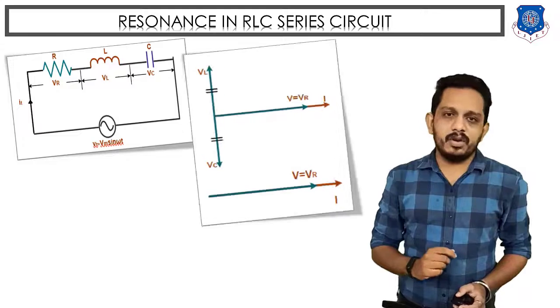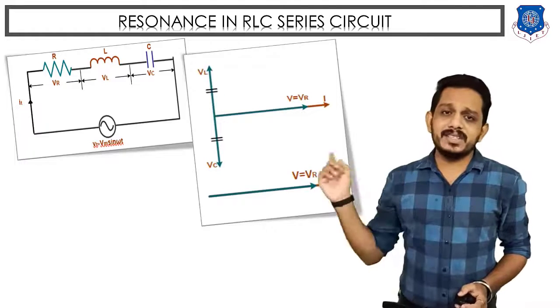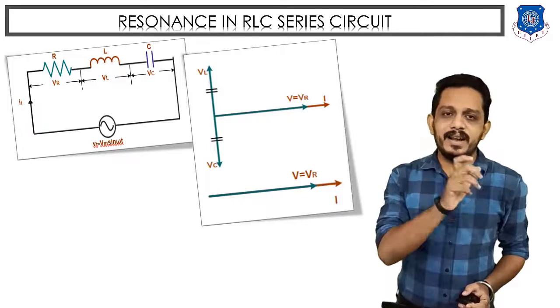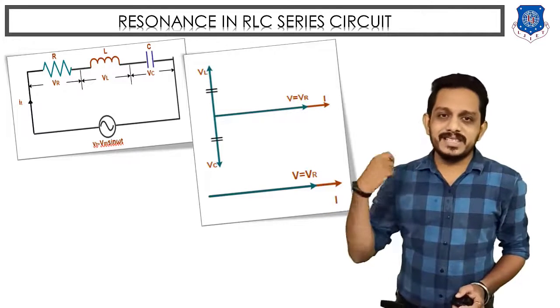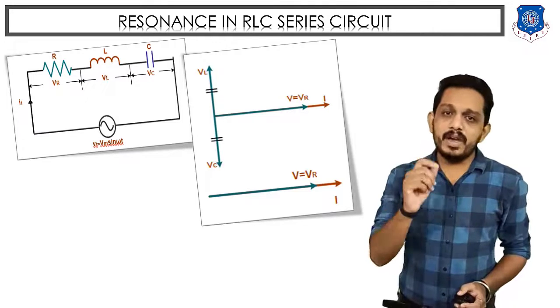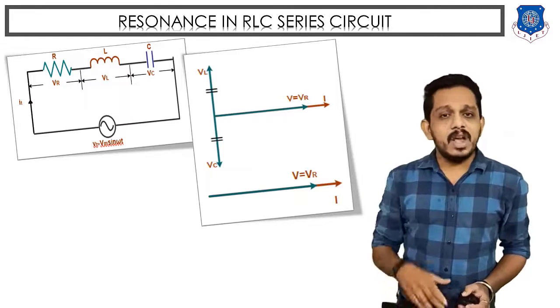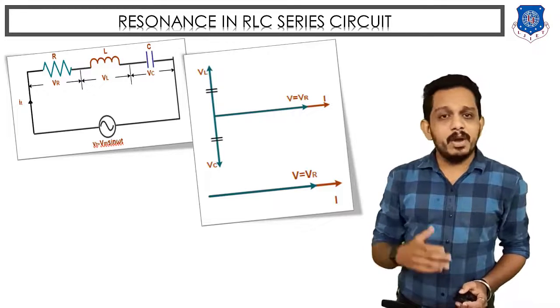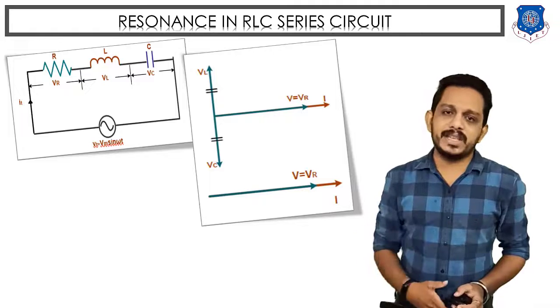If we draw the phasor diagram of this series circuit, first we have to take current as the reference, because in a series circuit the current flowing through each element is the same. On the current line there will be the voltage across the resistor, because in a resistor there is no phase difference.